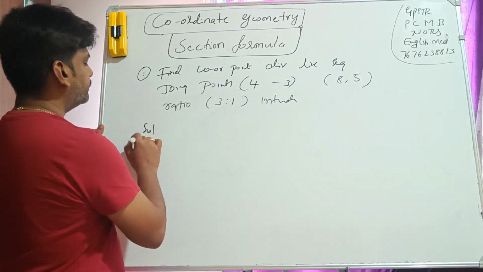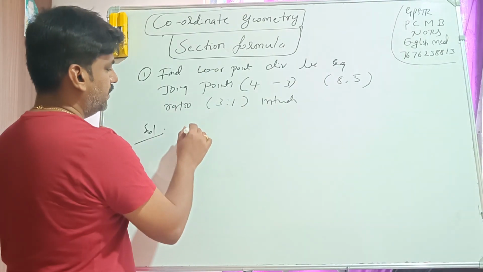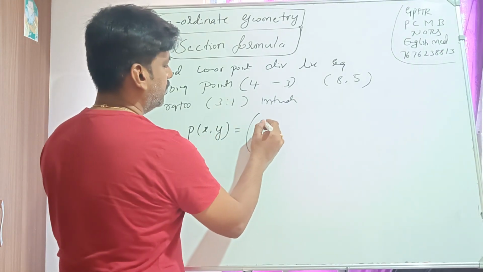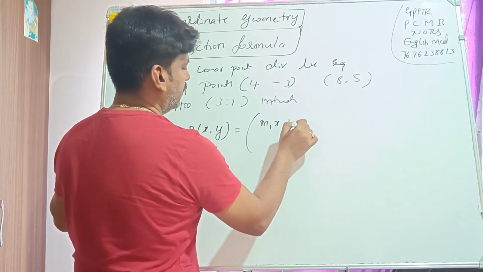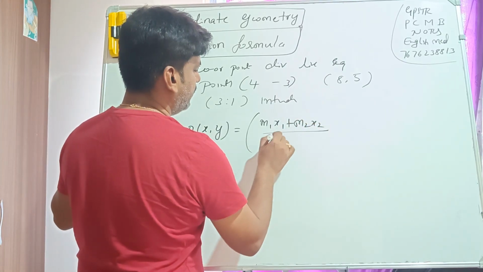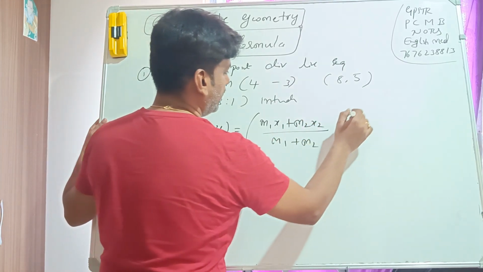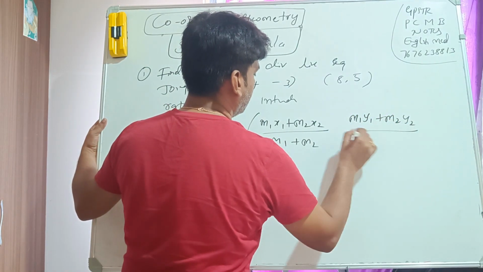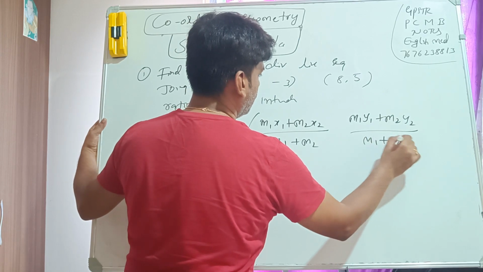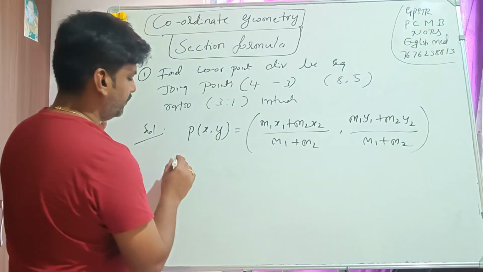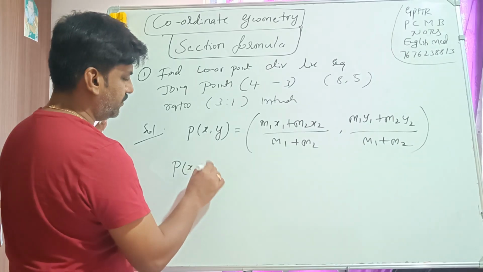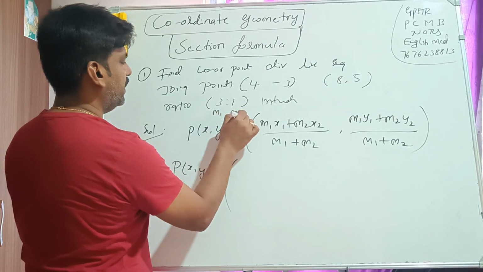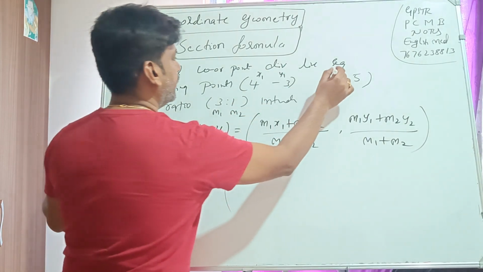So, solution. Here we know that the section formula is P of x, y equals m1 x1 plus m2 x2 divided by m1 plus m2. Similarly, m1 y1 plus m2 y2 divided by m1 plus m2, right? Next, P of x comma y equals... They have given the m1 and m2 values, and x1, y1, and x2, y2.